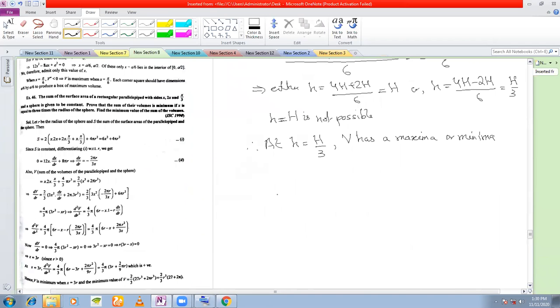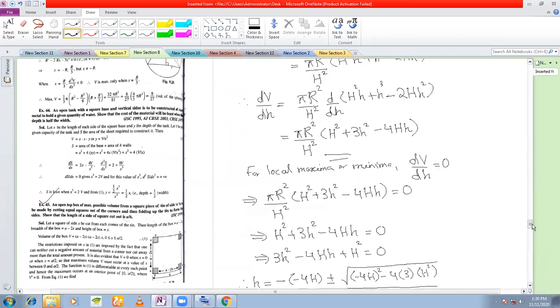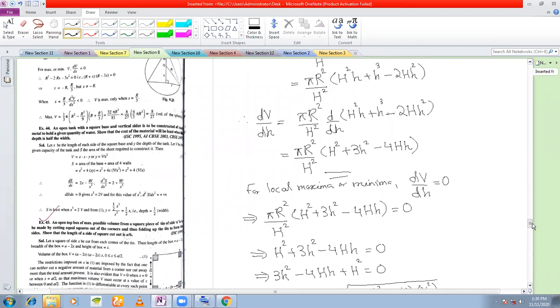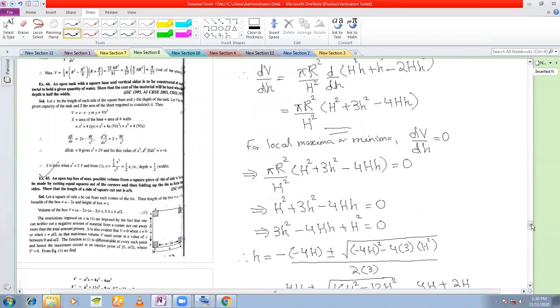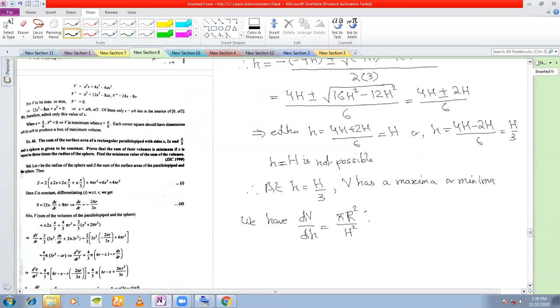So dV/dh is equal to pi r square by H square into H square plus 3h square minus 4hH.